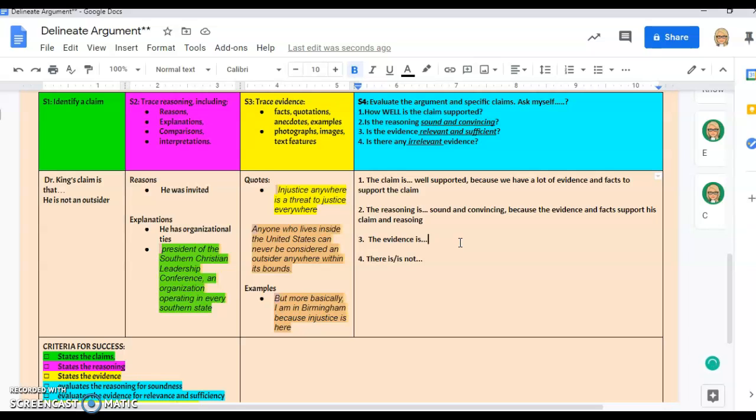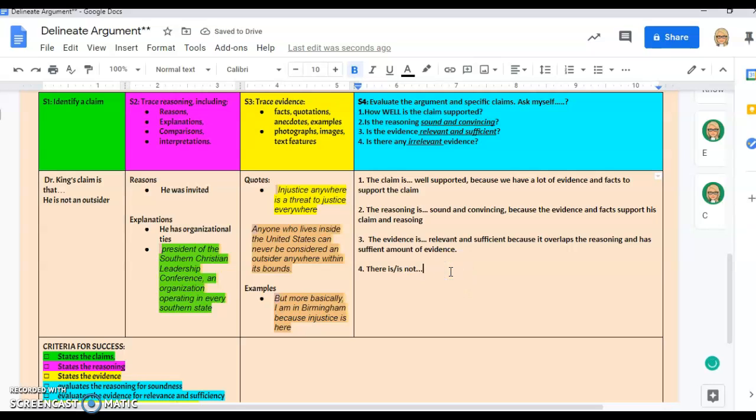This pretty well overlaps with the reasoning, so I'm going to say yes, the evidence is relevant and sufficient because it overlaps the reasoning and has a sufficient amount of evidence.